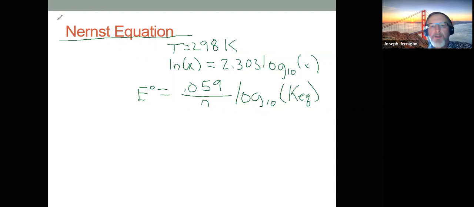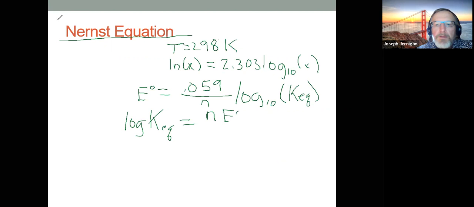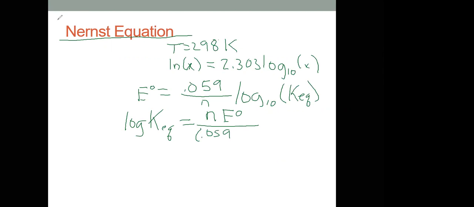So let's do another manipulation here. Let's rearrange this: log of K EQ is equal to N E0 over 0.059 volts.